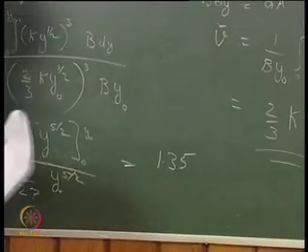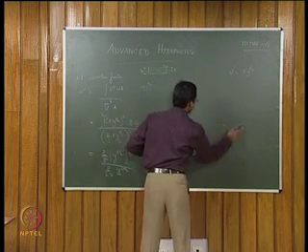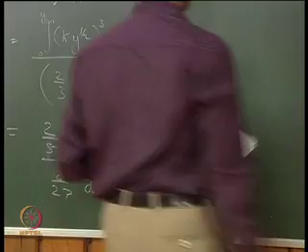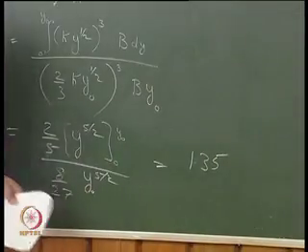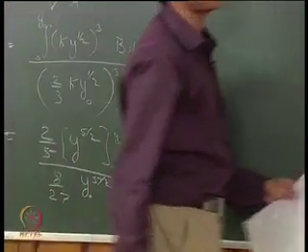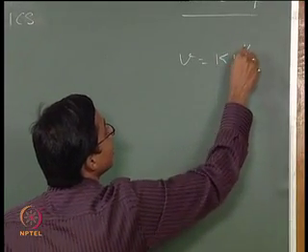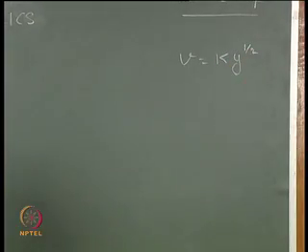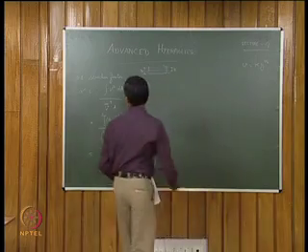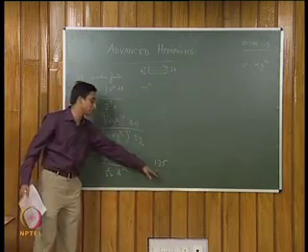So, what do you understand from this? Your kinetic energy correction factor for this channel is a numerical value 1.35. It is not dependent on the arbitrary constant for velocity. We had considered velocity is k into y to the power of half. So, this k is immaterial in computing your kinetic energy correction factor, it is giving you as 1.35.